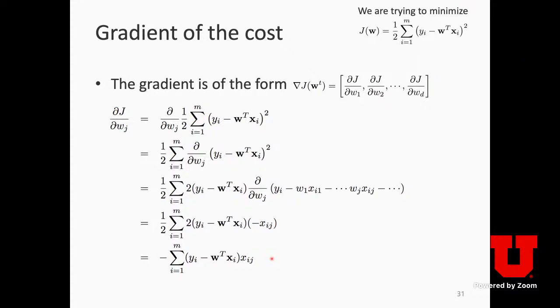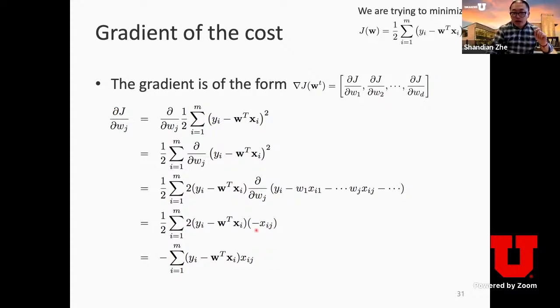What's the xij again? Xij is the j-th feature in the ith instance. So xi represents the feature vector for instance i, or example i, and xij is just the j-th element in xi.